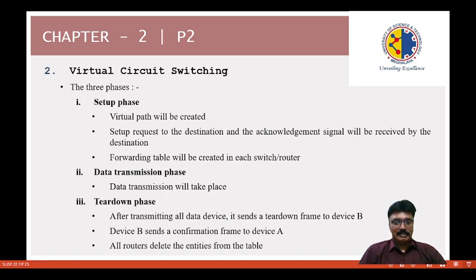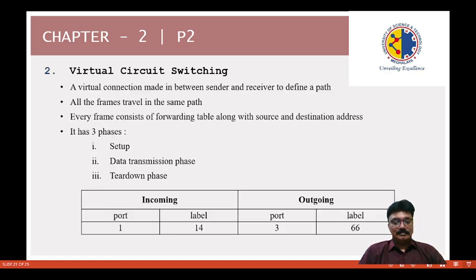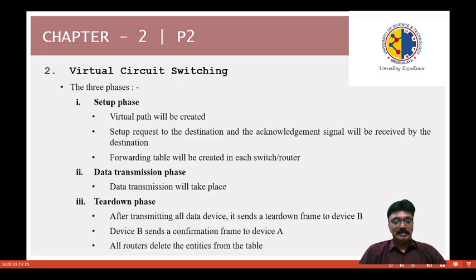So once the connection is established, data travels and is received by the receiver, and then the table which was generated is deleted. In such a manner, virtual circuit switching functions. Once all routers' tables are deleted, it is ready for the next connection establishment or data transmission.